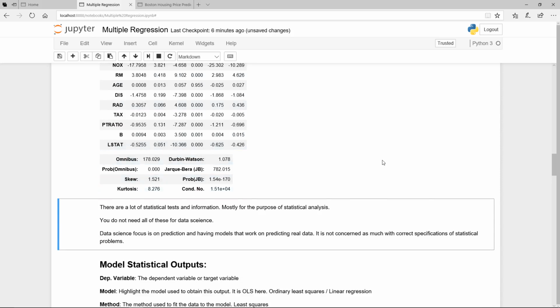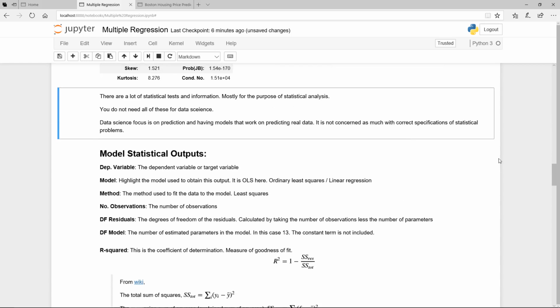Let me walk through these one by one, because these are really important, especially in the field of statistics and multiple regression. There are a lot of stats tests and information here. These are mostly for statistical analysis. You don't really need all of these for data science, but it's good to know.